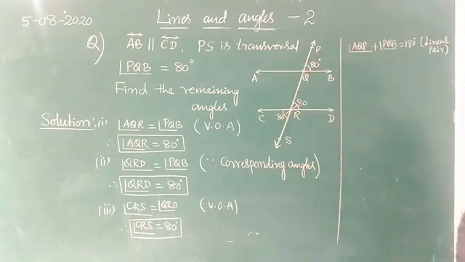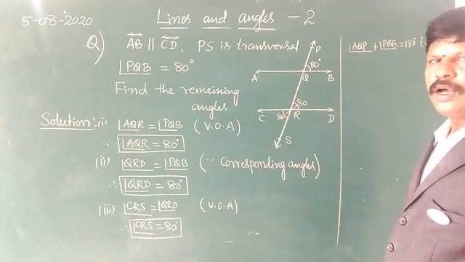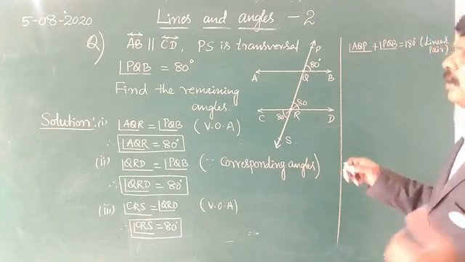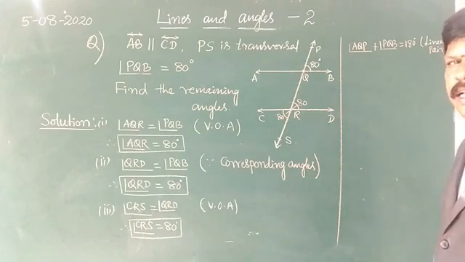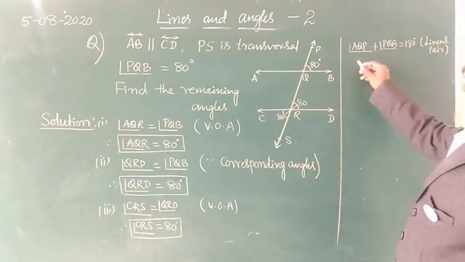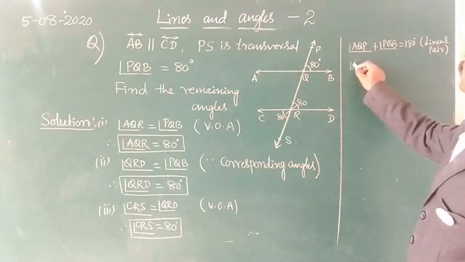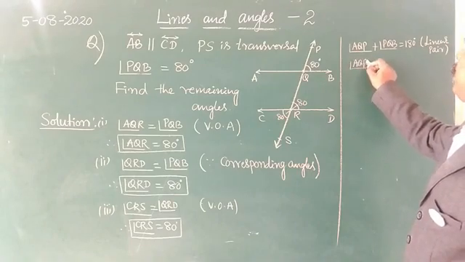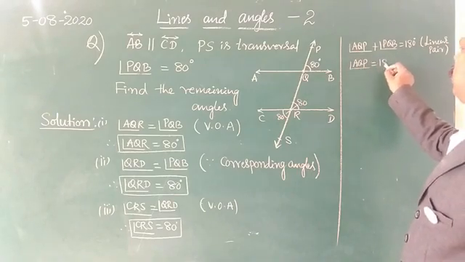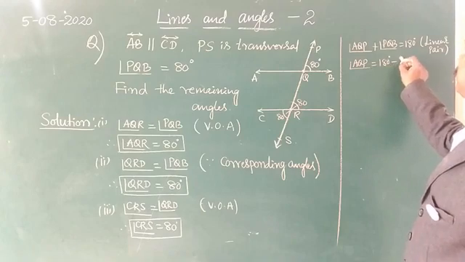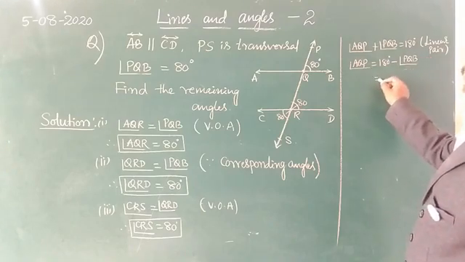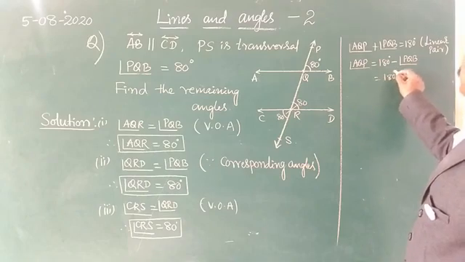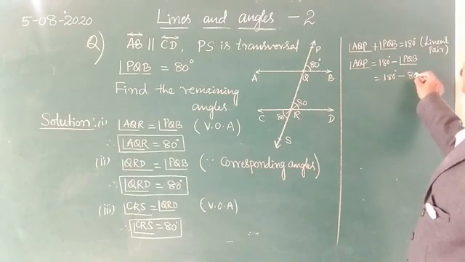So according to the definition, if the non-common arms form a straight line, then these adjacent angles are called linear pair angles. Therefore angle AQP is equal to 180 degrees minus angle PQB, that is 180 degrees minus 80 degrees.